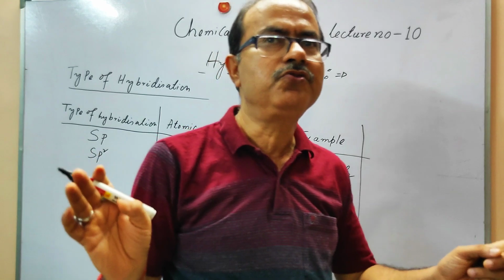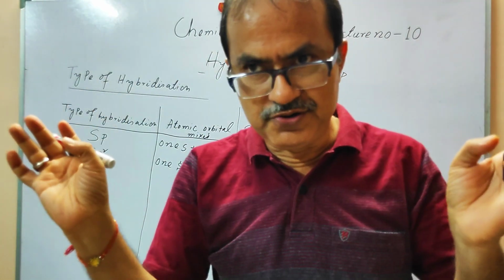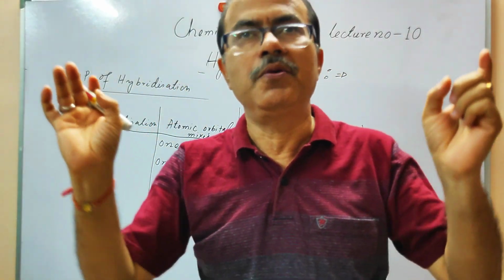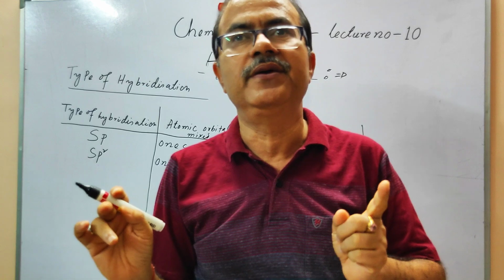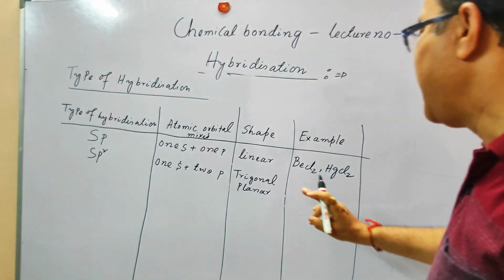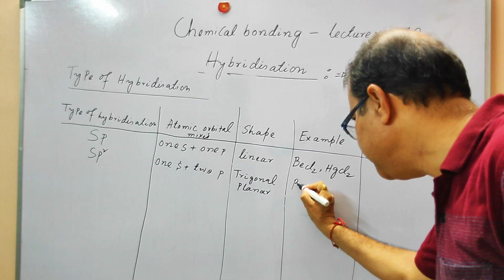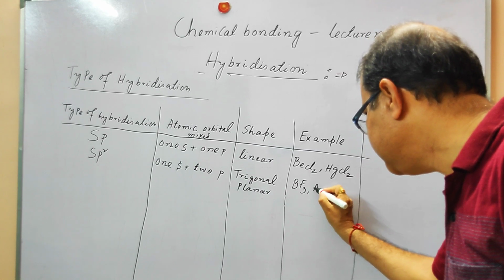Because 3 hybrid orbitals means there are 3 bonds, and these 3 hybrid orbitals will arrange themselves at 120 degrees. So it will have the trigonal planar structure, and its examples are BF3 or AlCl3.